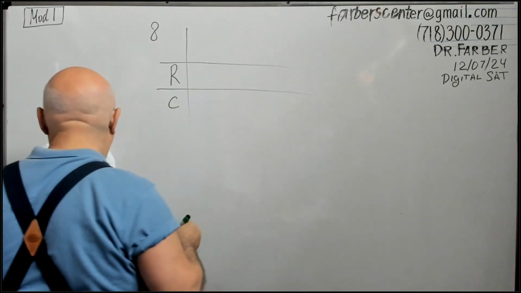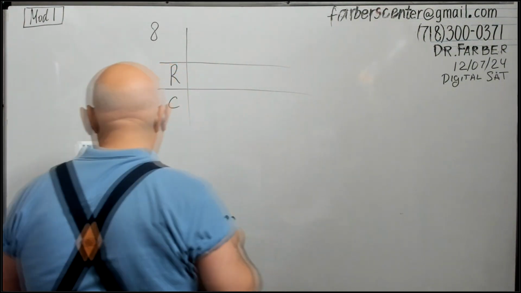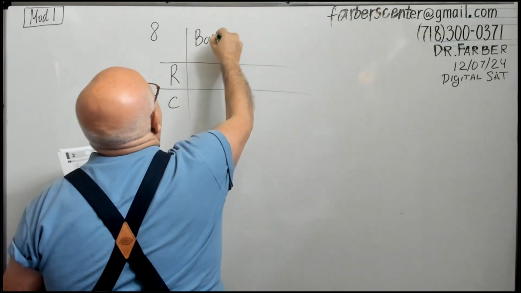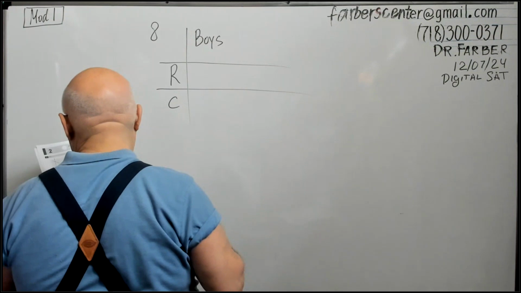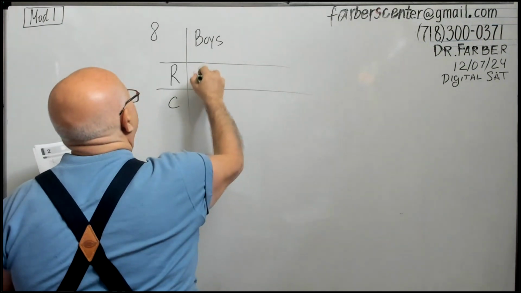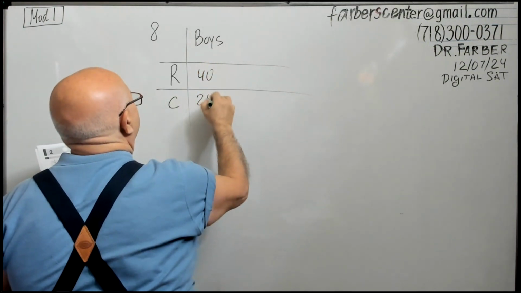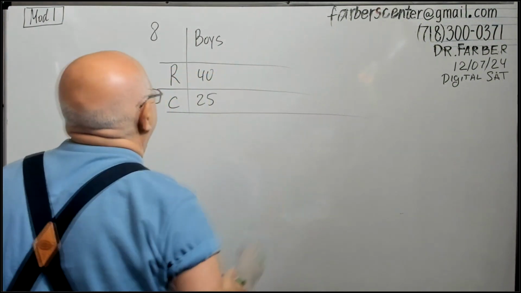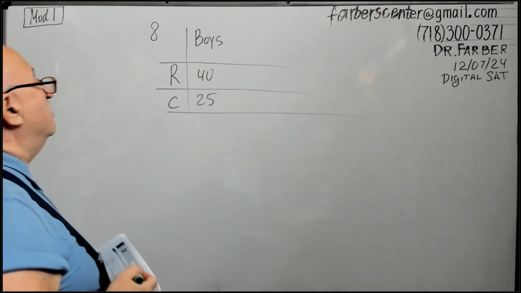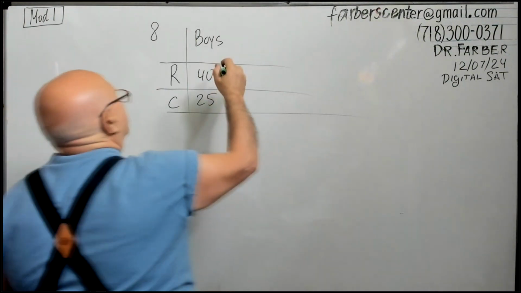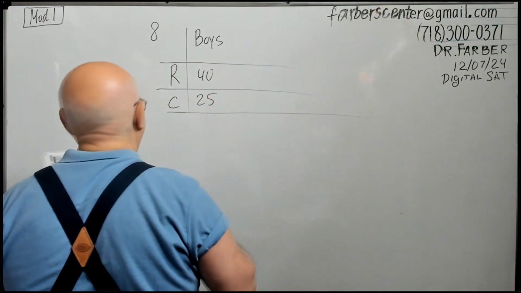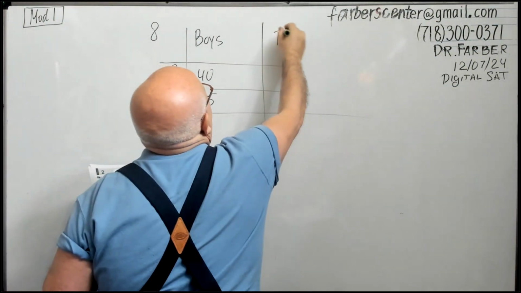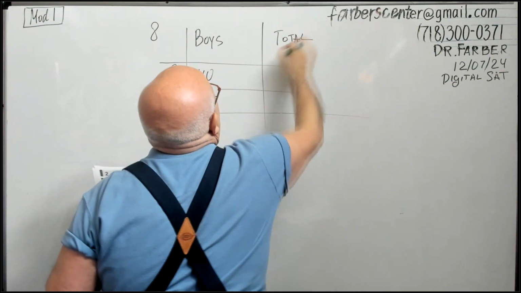And we have boys, because they're asking about boys. And we have how many boys? 40 and 25. And probability is favorable outcome to total, right? You know this. After that, I skip girls, I have total, because they're asking about only boys.